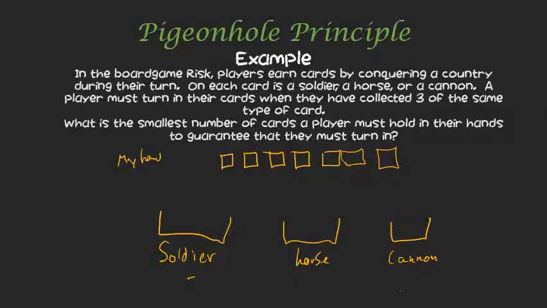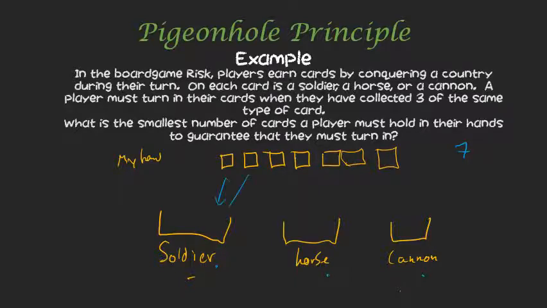So why is this? Well, suppose I claim 7 is the number. I claim seven cards. And why do I claim this? Well, let's assume to the contrary that we can do such a configuration where for each type of card, there's at most 2 of each type of card. So as I'm assigning these cards to types, I can only have at most 2 of any one type.